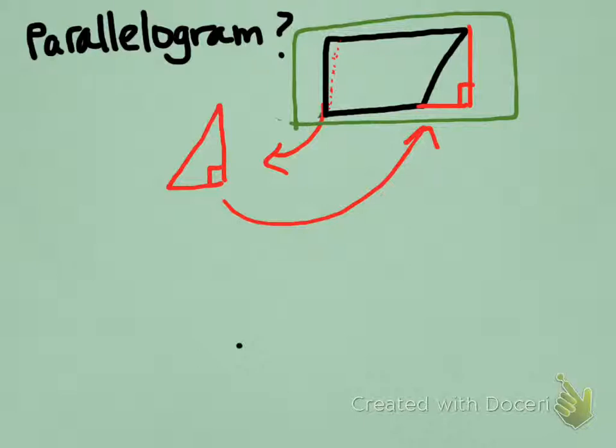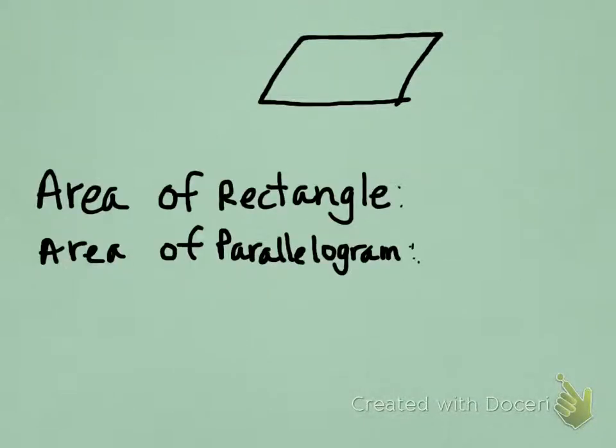How do we find the area for a rectangle? Remember, it is length times width. We're going to use this to help us find the area for parallelograms. Going back to the parallelogram, you have to know that a parallelogram equals the area of a rectangle.